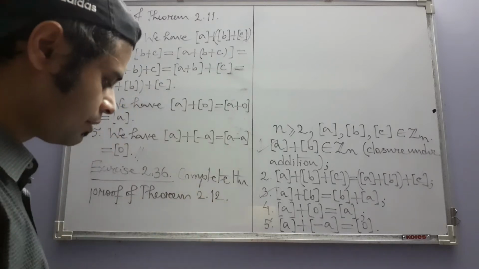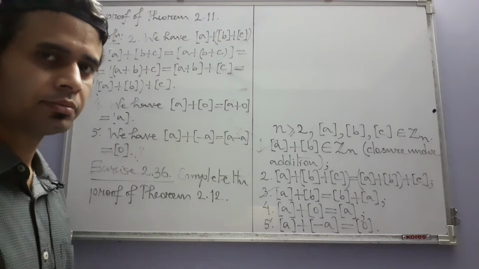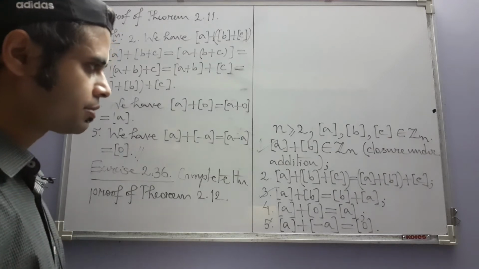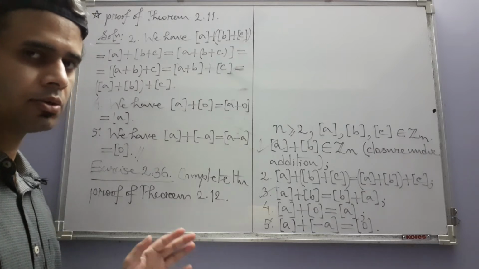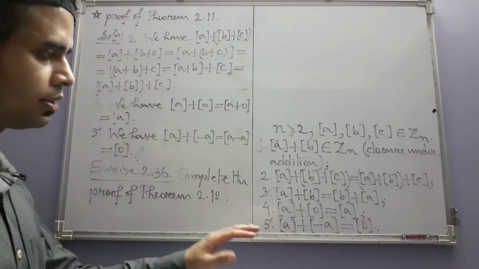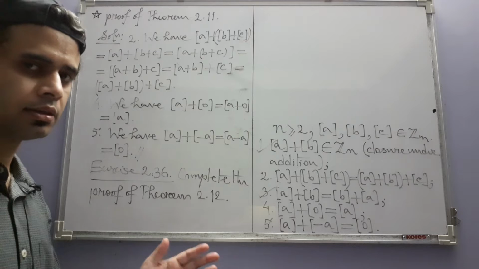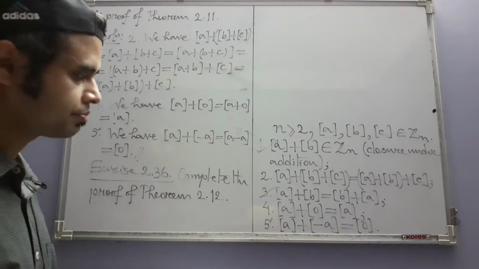Now theorem 212, you have the statement in the text. It involves the operation multiplication mod n along with addition mod n also. The addition and the multiplication both appear in the distributive law.